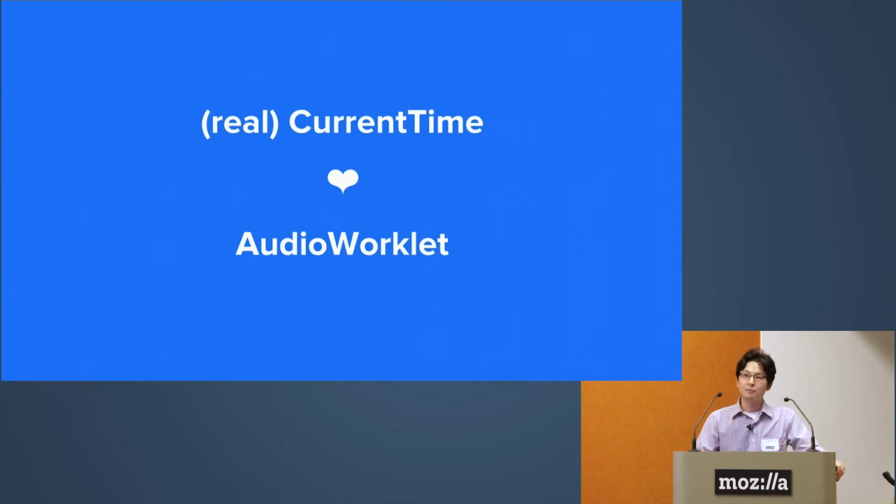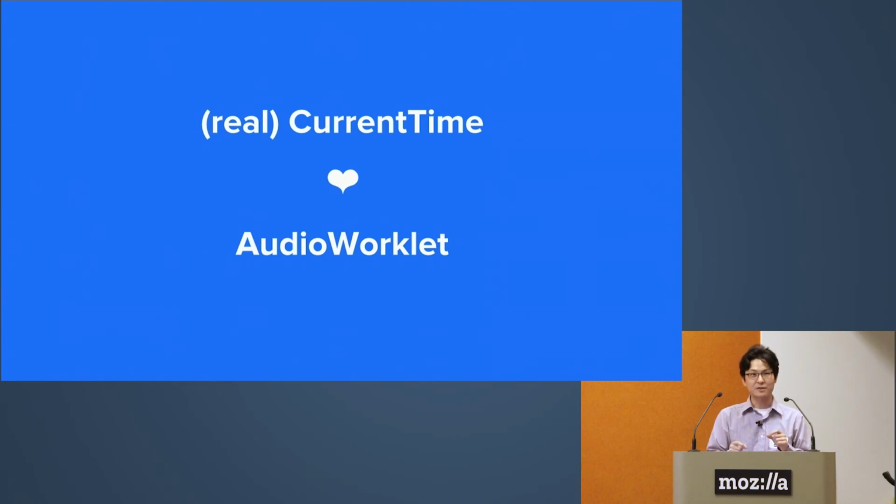Current time. Maybe I should skip this, but I will just briefly cover it. So current time is a property of the audio context, right? The audio context has the ability to query the actual current time in the audio rendering thread. Then based on this number, you schedule some event in the future. That's how this web audio system works.